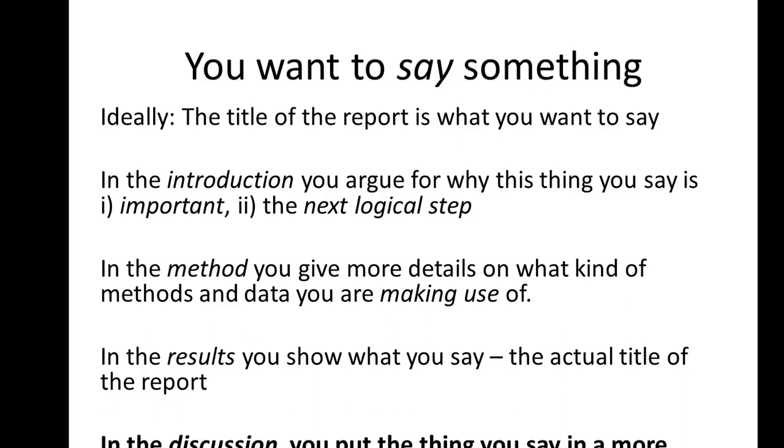So, this slide I already showed you in previous videos, and it's just to remind you that in all scientific writing you want to say something, and each chapter has its own aspect that it wants to say. In the discussion, what we want to do is to put the main statement in a more nuanced perspective.